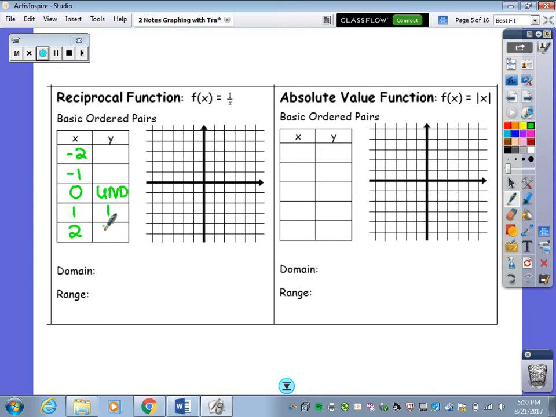We put 2 in, we get 1/2. When we put negative 1 in, we get negative 1. Put negative 2 in, we get negative 1/2. We're going to have asymptotes at y equals 0 and x equals 0. And then we're going to plot our points, and we're going to get a function that looks something like this.